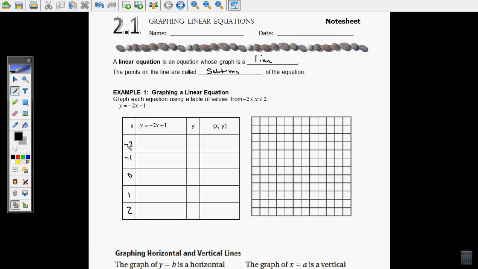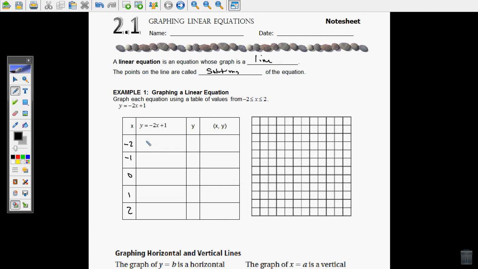I don't necessarily have to do negative 2 or negative 1. I could do negative 1.375, negative 1.432. Or if I wasn't restricted by this domain, I could say negative a billion, negative 3 billion, and I could still get y values. So these lines, these equations, go on forever, and it's really quite cool.